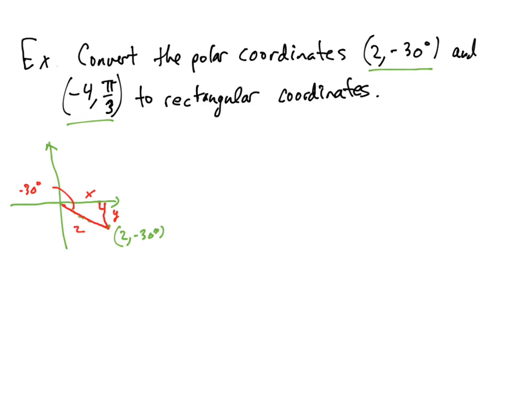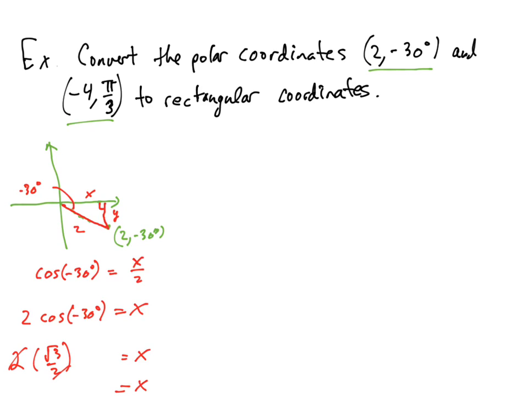To find the x value, cosine of negative 30 degrees is x over 2, so adjacent over hypotenuse. This will be 2 cosine of negative 30 degrees is equal to x. Cosine of negative 30 is positive root 3 over 2, so this will be 2 times root 3 over 2. The 2's cancel, so x is going to be root 3 here.